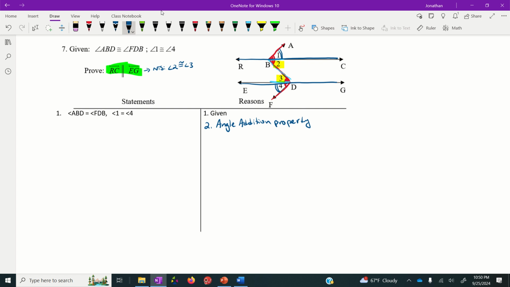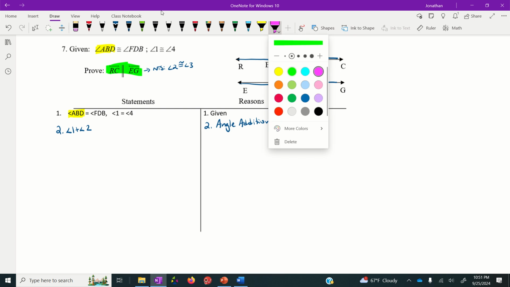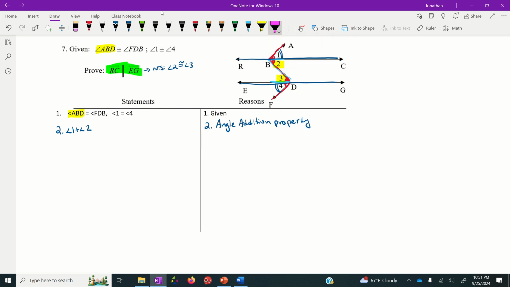So angle 1 plus angle 2 makes angle ABD. Where it says ABD, I'm going to replace that with this sum, angle 1 plus angle 2. At the same time, where it says angle FDB, we replace that with 3 plus 4, so it equals angle 3 plus angle 4.